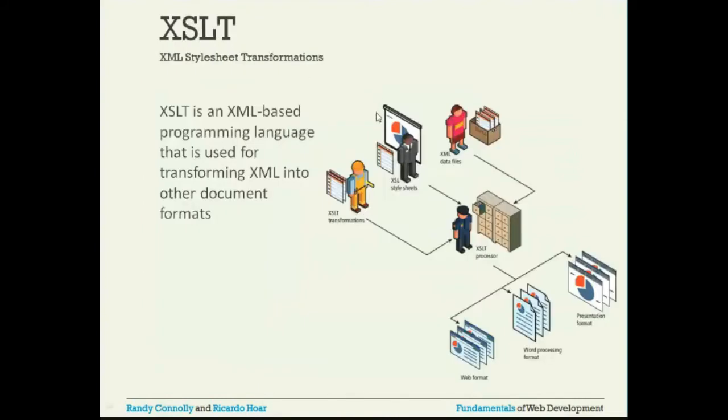XSLT is the XML stylesheet transformation. It is a programming language based on XML, and it is used for transforming XML into other kinds of documents. For example, XSLT transformation, XSL stylesheets, XML data files, and this is an XSLT processor.